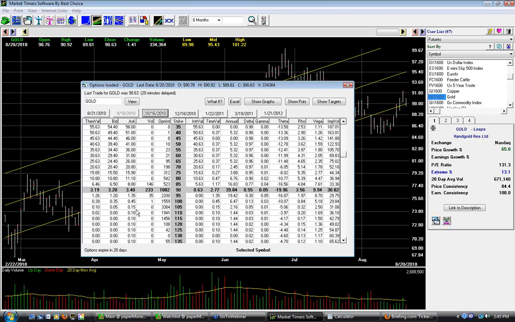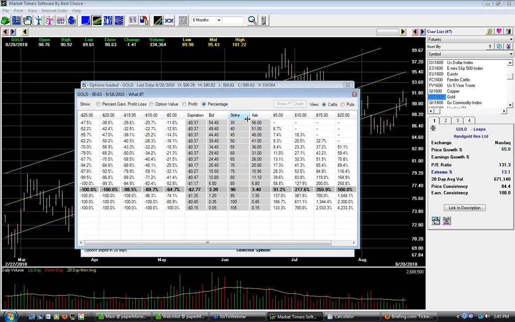My gosh. I mean, you could literally go at the 95, which is right at mid, for $1.35 or $1.45. So what if it goes up $5 or $10?